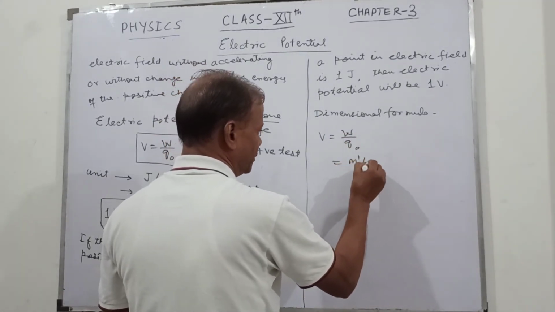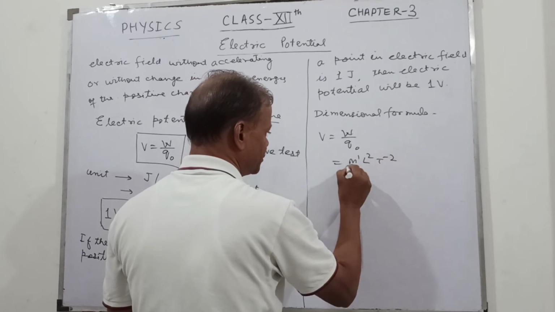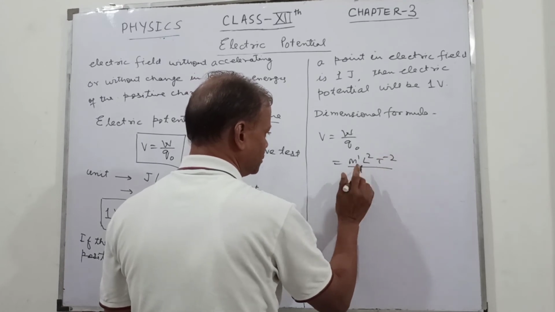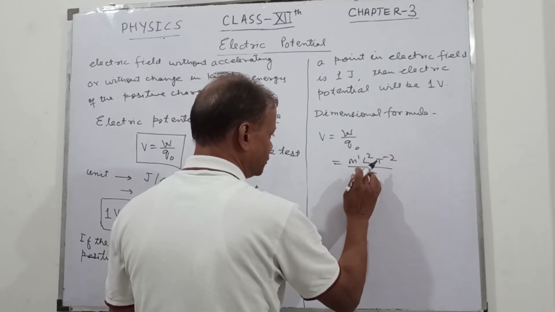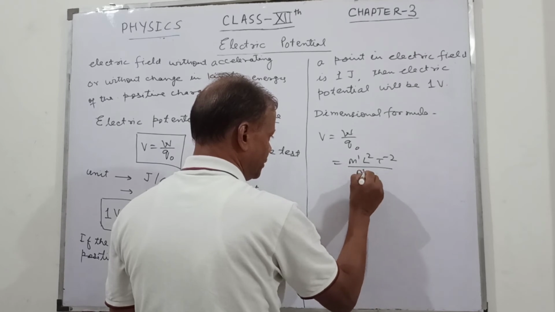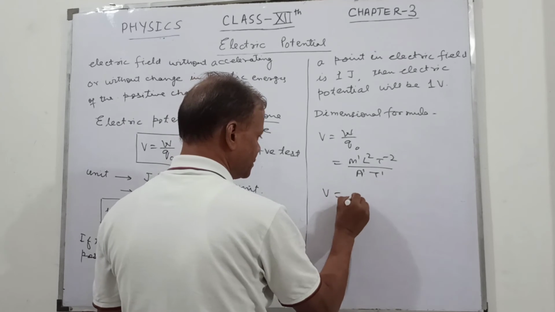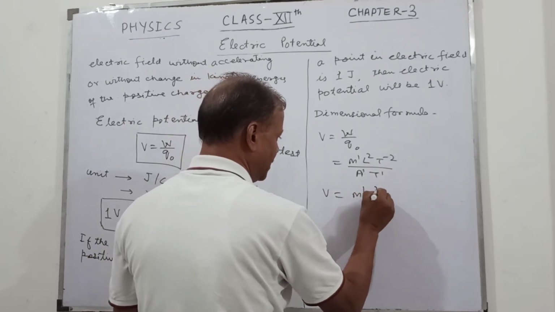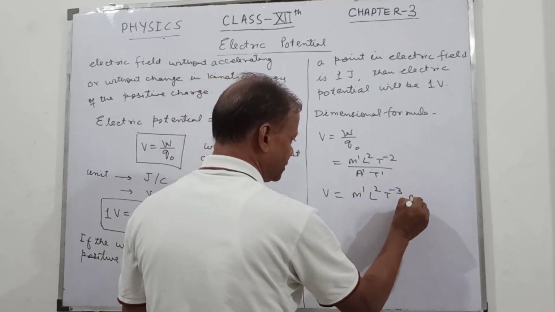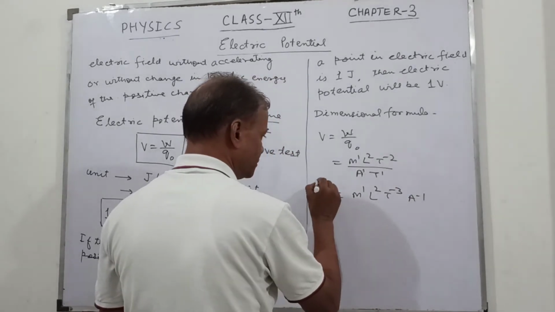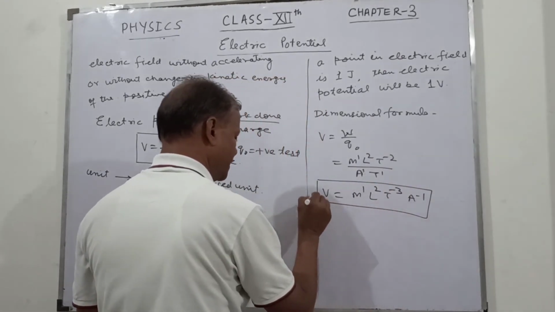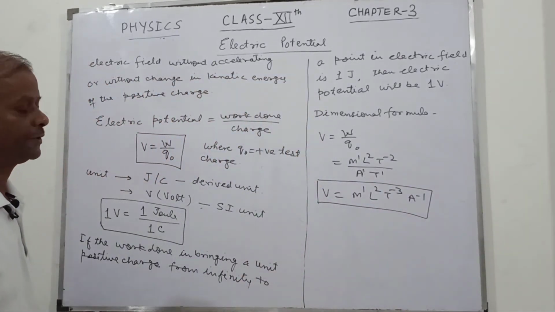W is M1 L2 T minus 2, and Q is A1 T1. So we can have M1 L2 T minus 3 A minus 1. This is the dimensional formula of electric potential.